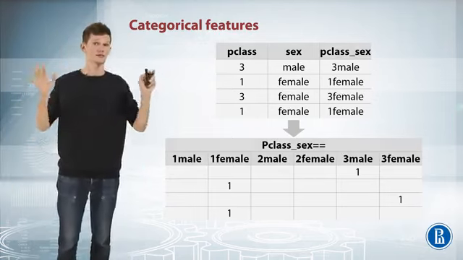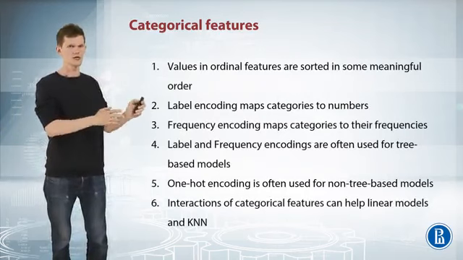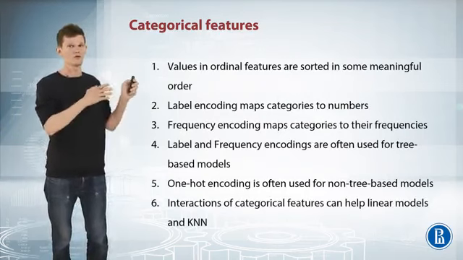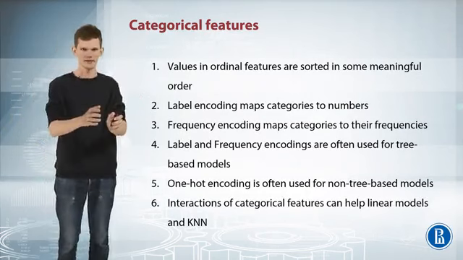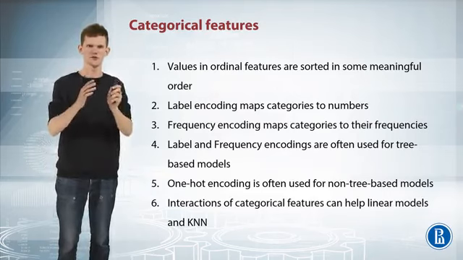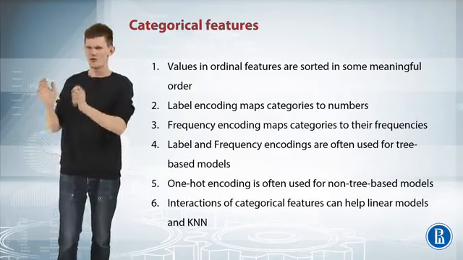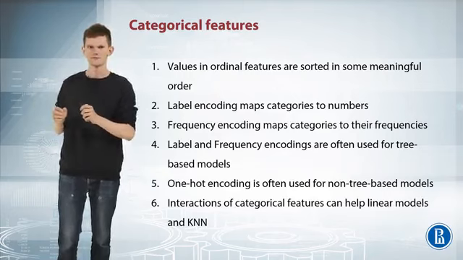Now let's summarize this video. First, ordinal is a special case of categorical feature, but with values sorted in some meaningful order. Second, label encoding basically replaces unique values of categorical features with numbers. Third, frequency encoding, in its turn, maps unique values to their frequencies.